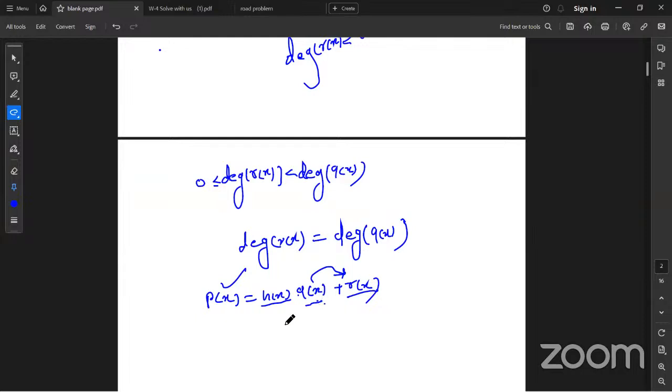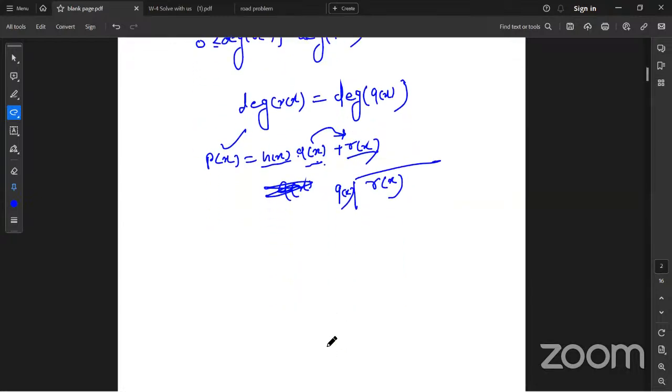Suppose you are dividing this R(x) by this Q(x), right? Are you able to understand what I am saying? Okay, let me explain once. I am saying the degree of R(x) will be smaller than Q(x). That's what I am trying to explain to you, why it is like that.